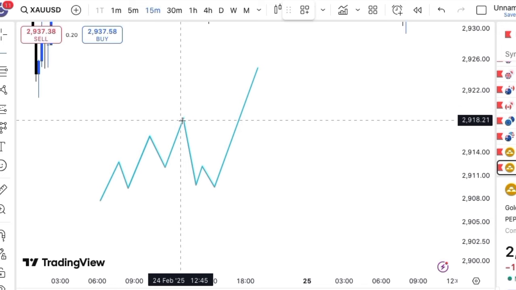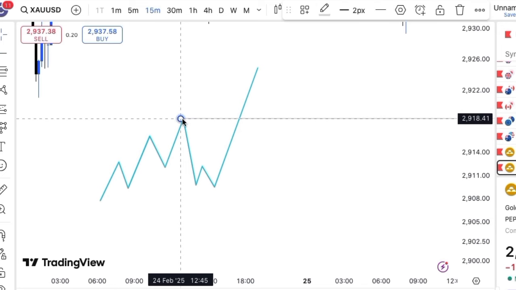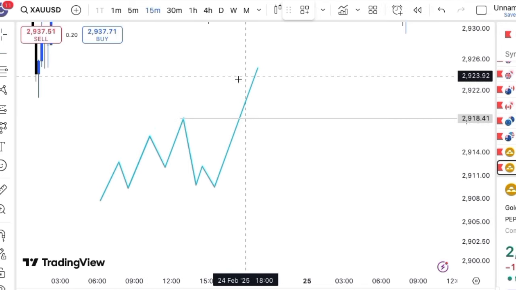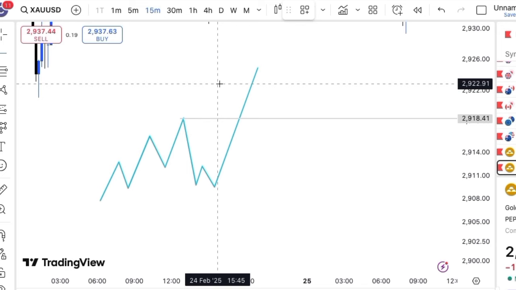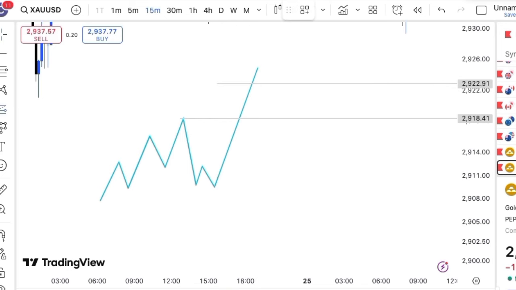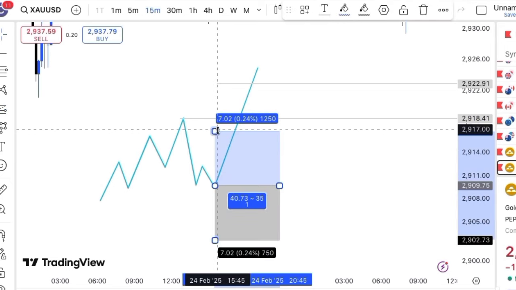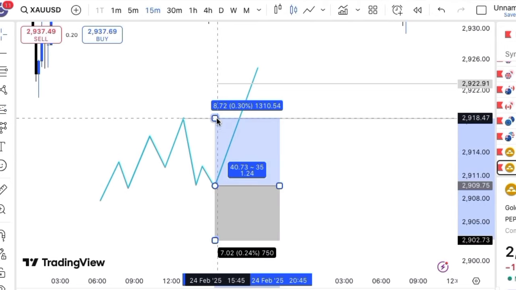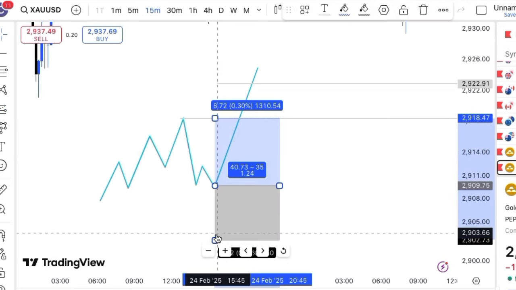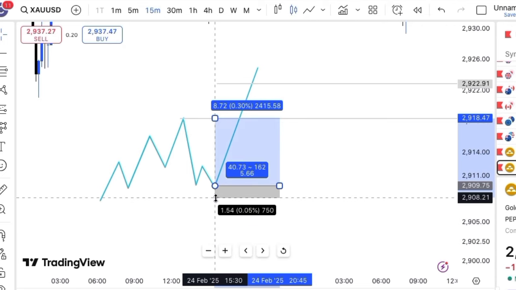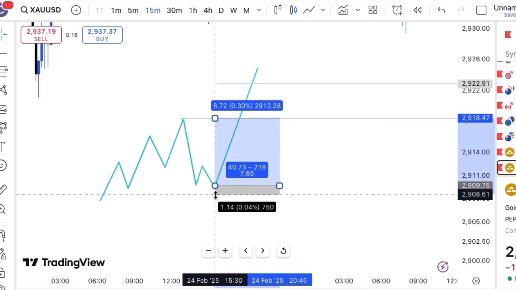This will be your first take profit, second take profit, 10 pips apart. So this is where you wanna take the risk. And you have a very tight stop loss.